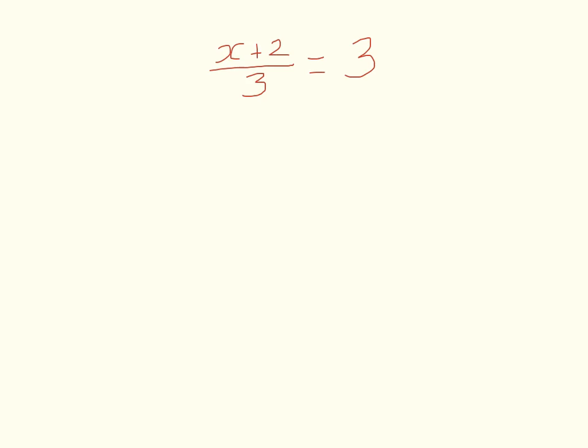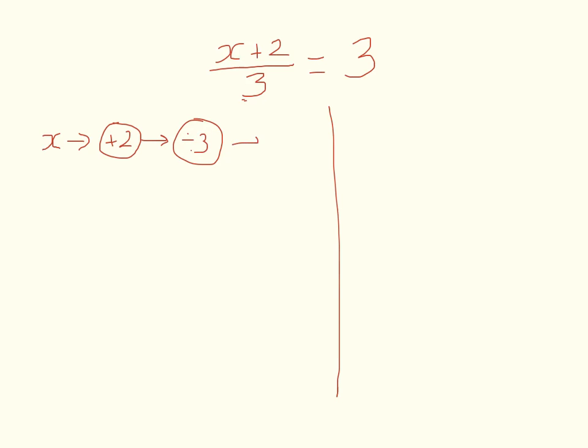So let's have a look. So we start with x. This is how the equation works. You will then add on 2. You will then divide by 3 on the bottom, this one. And you get to the answer, which is 3.